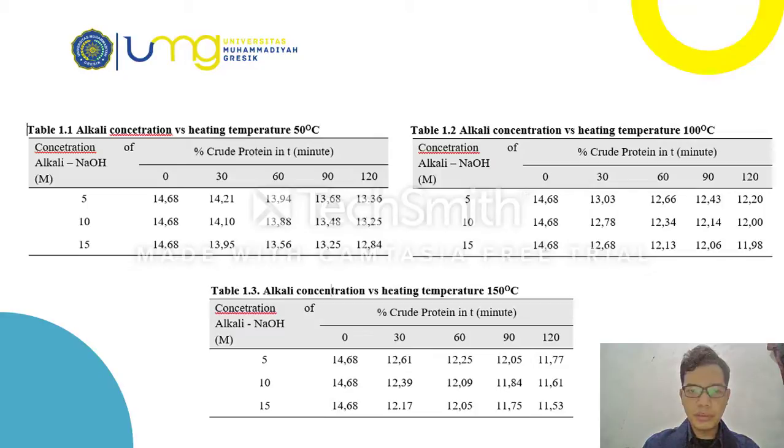So, and the intermediate protein loss of the combination treatment of 10 molar sodium hydroxide at 100 degrees Celsius was also not significantly different from the combination treatment of sodium hydroxide 5 molar and 15 molar at a temperature of 150 degrees Celsius, so that using a lower concentration and temperature, namely 10 molar sodium hydroxide at 100 degrees Celsius, could save chitin production costs.